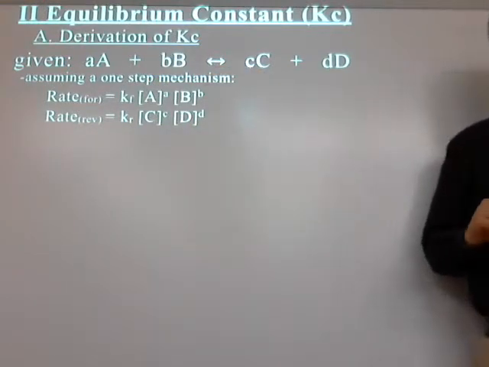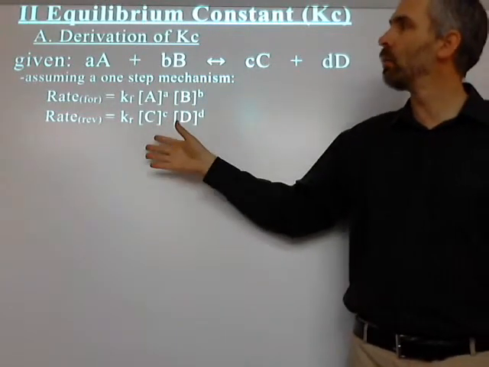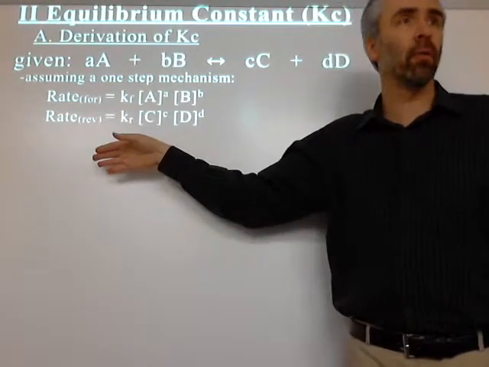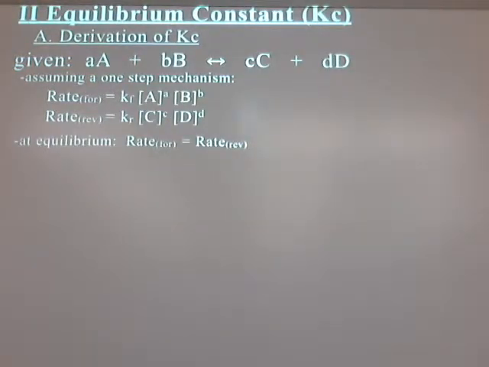Next explanation I need is this. What happens at equilibrium? What can I say at equilibrium happens to the rate forward and the rate reverse? They're equal. At equilibrium, the forward and reverse rates are going to be equal. That's the definition of equilibrium.